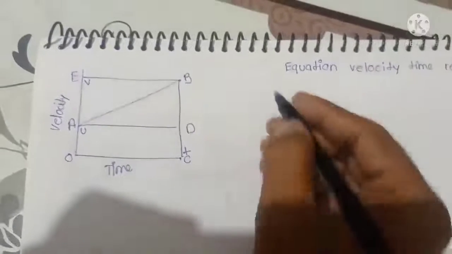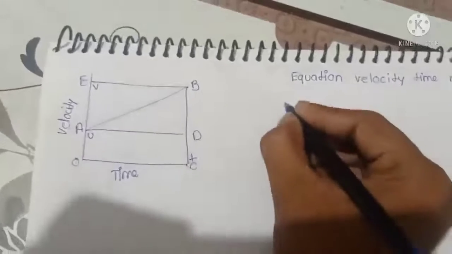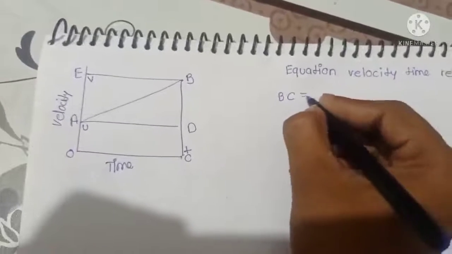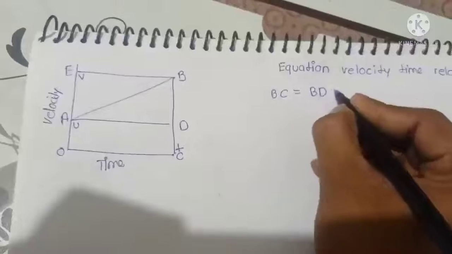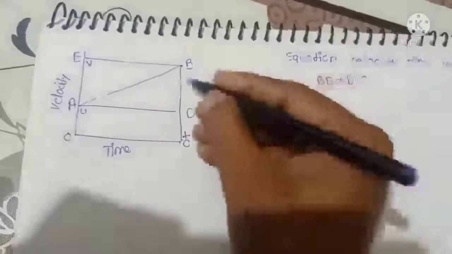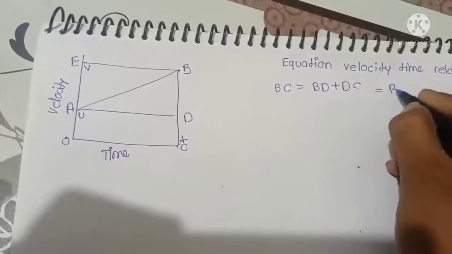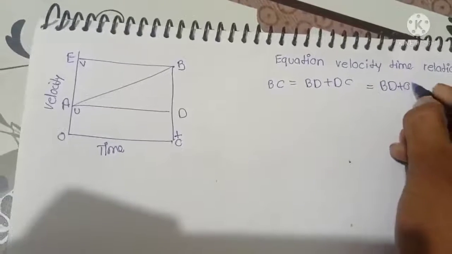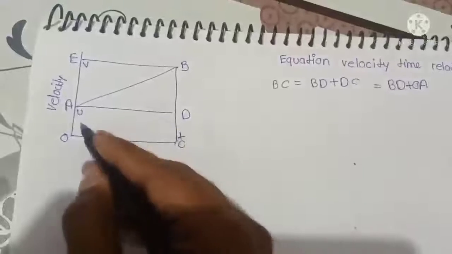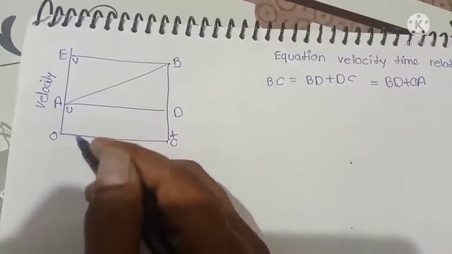So as we know here, BC equals BD plus DC, which is equal to BD plus OA, as DC is parallel to AO.